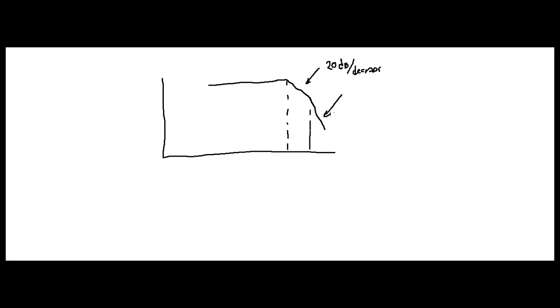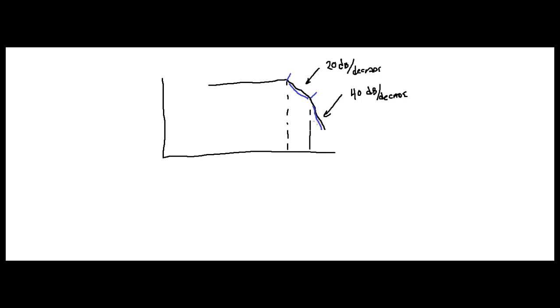This slope right here now is at 40 dB per decade. That's your critical frequency right here. Right there. And that's your other critical frequency right there, right? So you can see this slope right here is at 20. This slope right here is at 40. I tried to draw it like it's 40.